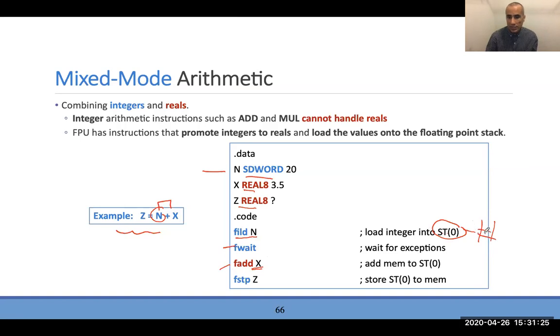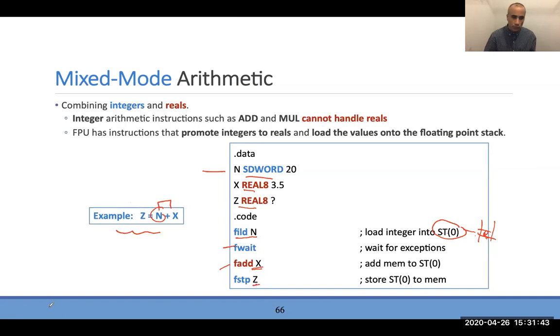Keep that in mind, okay? So right there, the result is in ST0, so we're just going to copy the result from the top of the stack, and we're going to store it where? We're going to store it in this z.